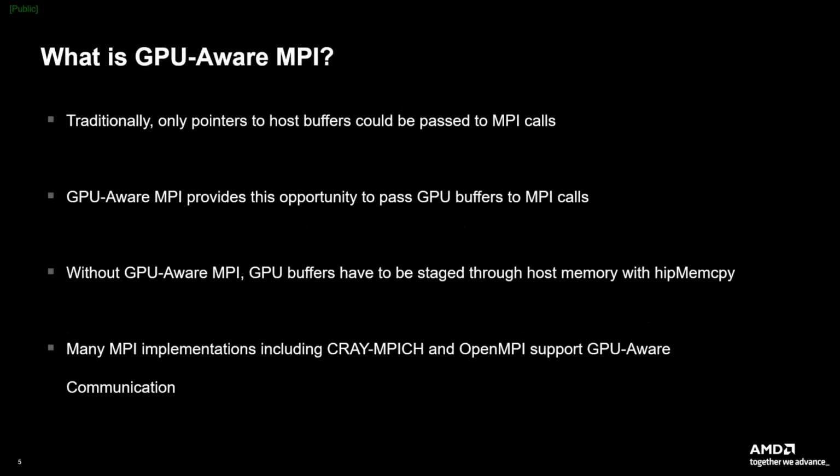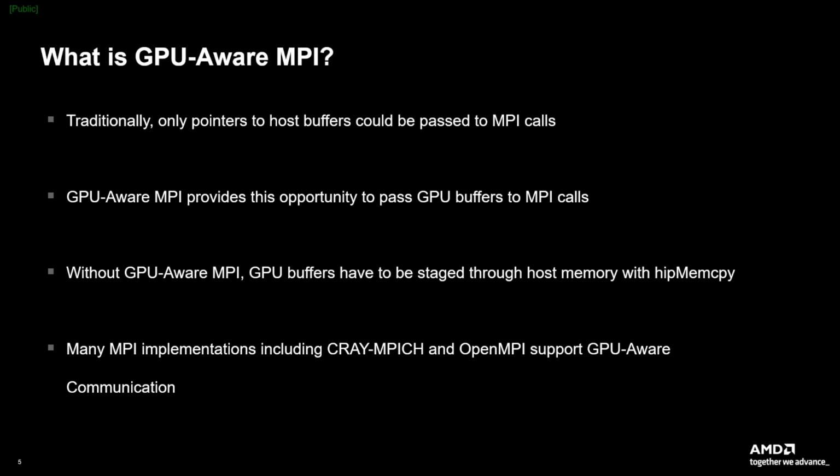But what is a GPU-aware MPI? In the past, most MPI implementations only supported passing host buffers to the MPI calls. But with a GPU-aware MPI implementation, we have the opportunity to pass GPU buffers to MPI calls.